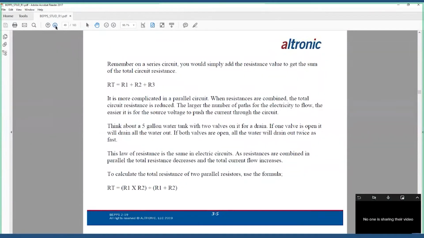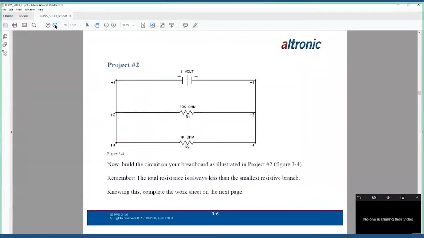So where it becomes more difficult is when you get into more complicated circuits. I want to point out one thing on this circuit here, and we'll probably run through this one. I think we have time for sure. This one actually is starting to look a lot like some of our schematics that we see in an electronic panel.